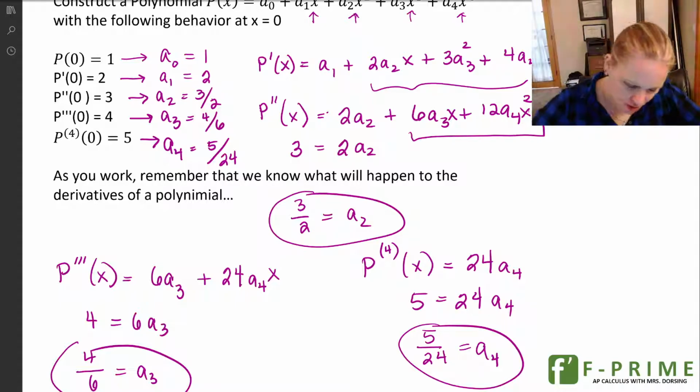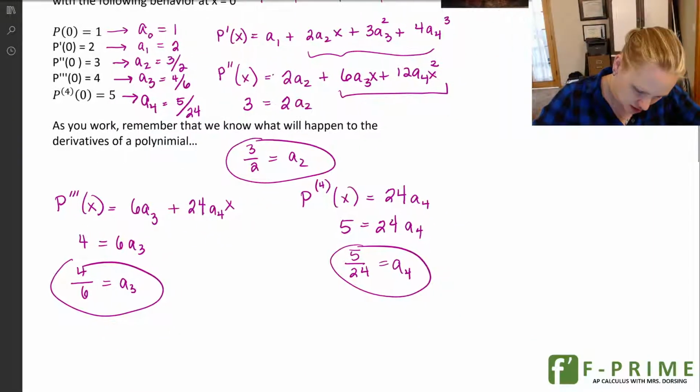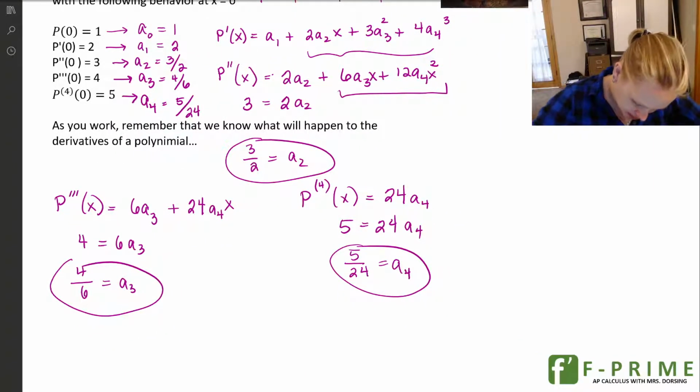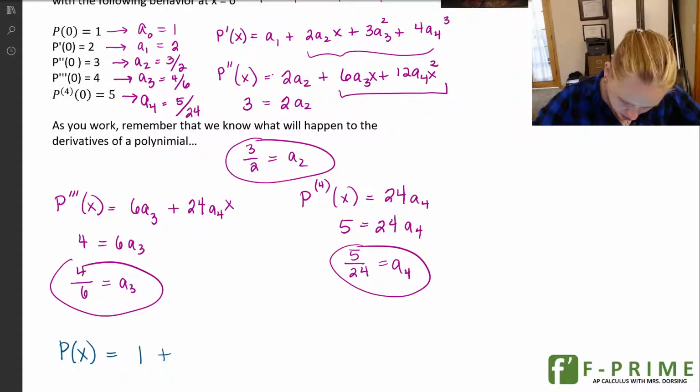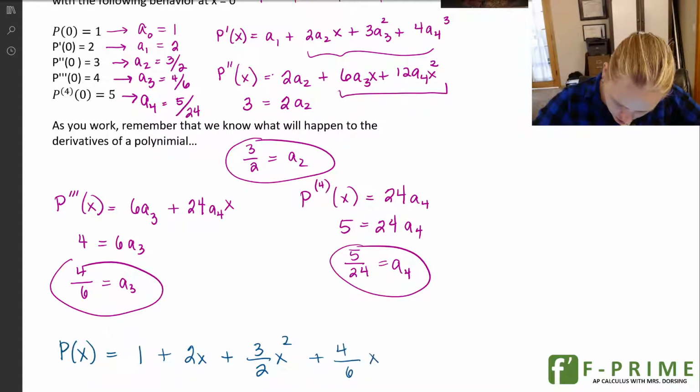And you might be thinking to yourself, gee, when I go and I write this polynomial, which is going to look a little bit like this, so now p of x is equal to, remember we want a0 is 1, plus 2x, plus 3/2 x squared, plus 4/6 x cubed, plus 5/24 x to the fourth.